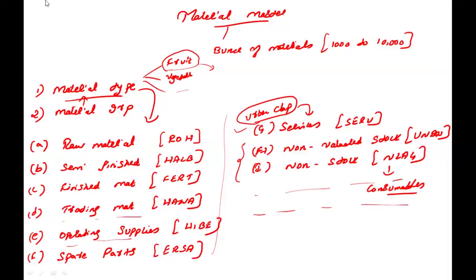If the accounting is happening at the spare part account, then it is ERSA. If the amount is getting debited from your account, so each and every employee will have one account dedicated for company purposes, if the amount is getting debited from that account, then that is HIBE.